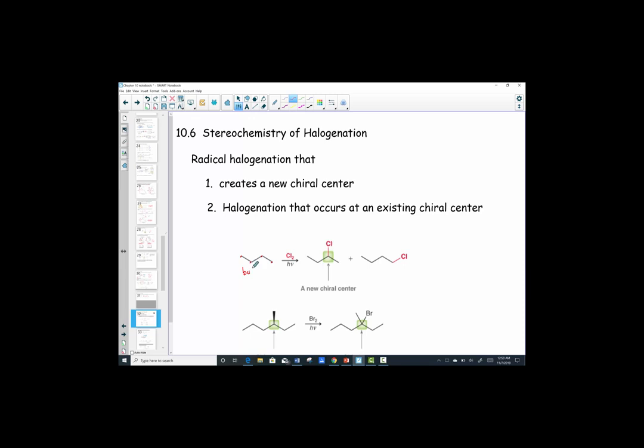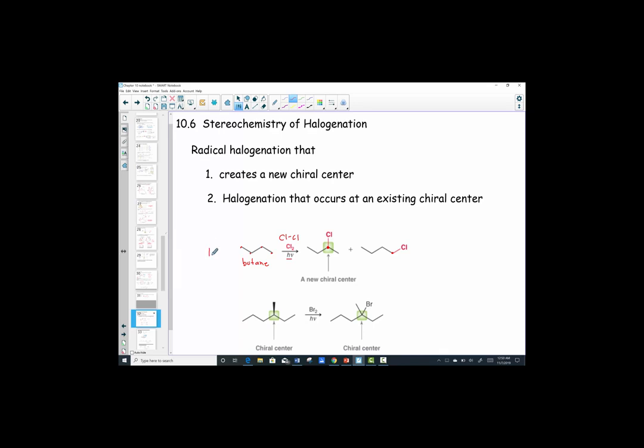This is a butane molecule reacting with diatomic chlorine in the presence of energy. We can see that the chlorine has added onto the chain at position 2 and at position 1. It's indiscriminate. You will have a mixture of both. But in the second position, this is now a new chiral center.